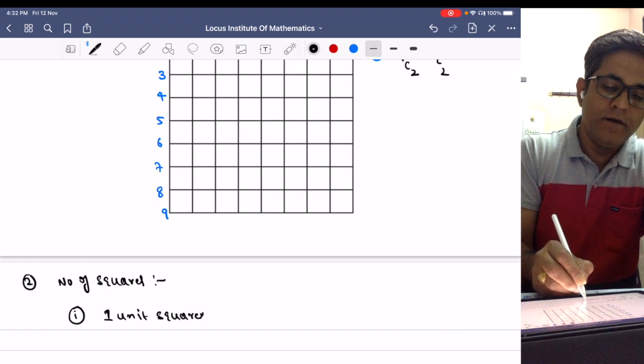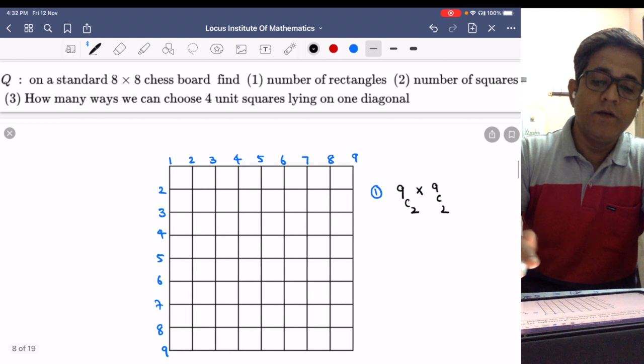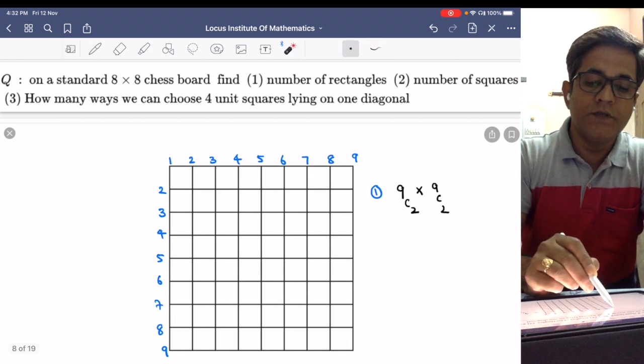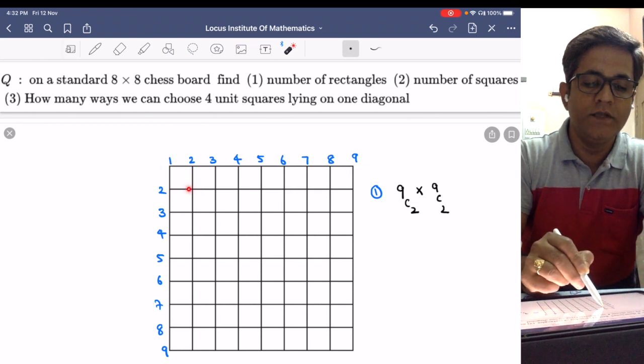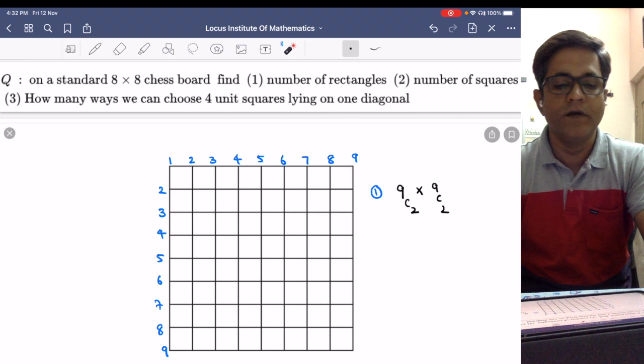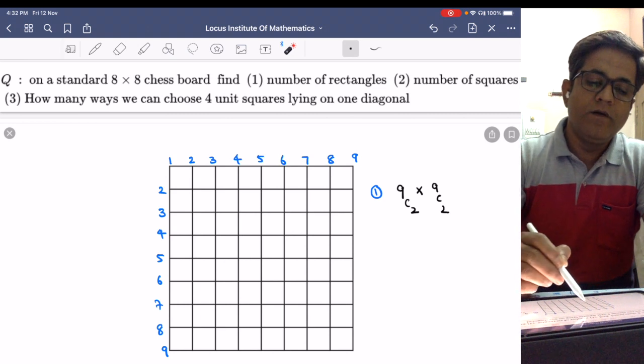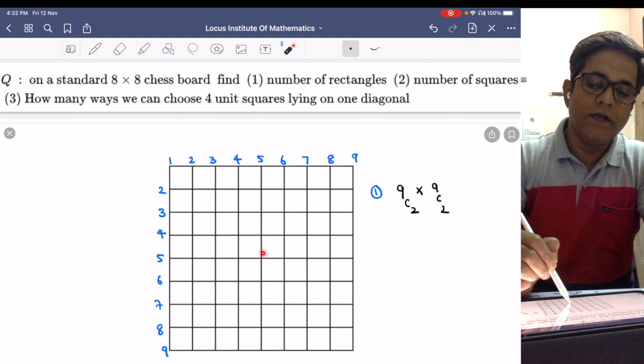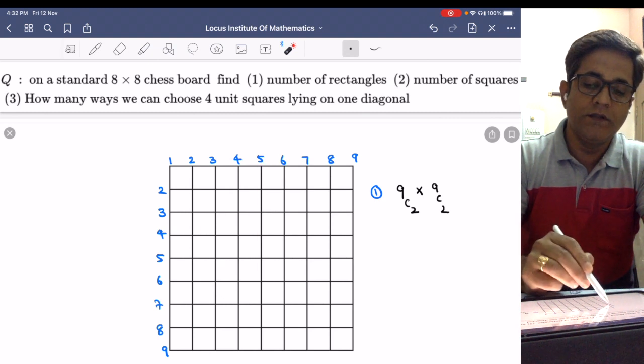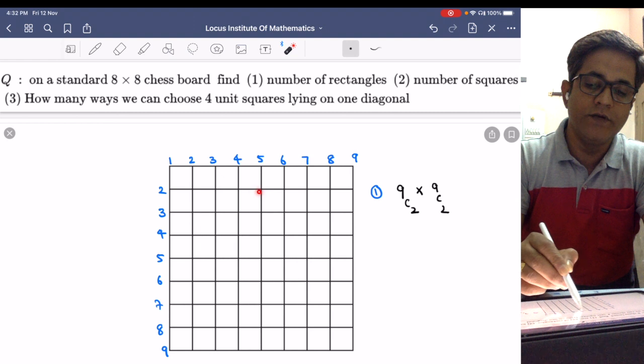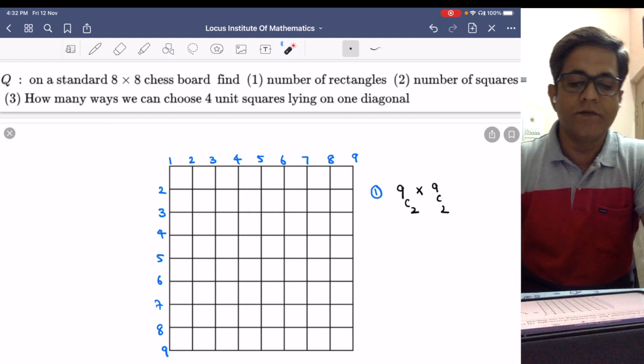To find 1 unit squares: if vertically you select 1 comma 2 and horizontally 1 comma 2, then this is a 1 unit square. Or suppose vertically 4 comma 5 and horizontally 2 comma 3, then this is also a 1 unit square.